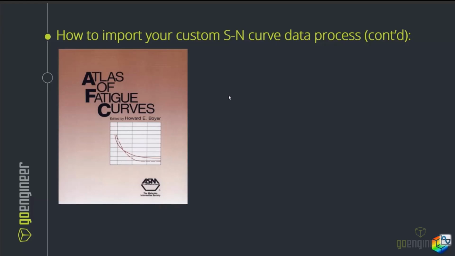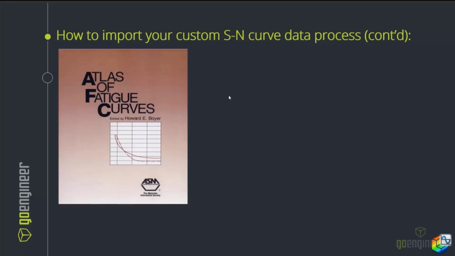Now, you can either use real-world test data results or get an SN curve from a book that has lab-tested SN curve info on, let's say, steel materials. For this webinar, I went ahead and used SN curve data from a book called Atlas of Fatigue Curves by Howard Boyer.